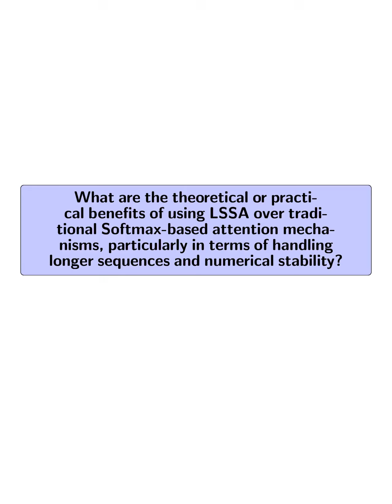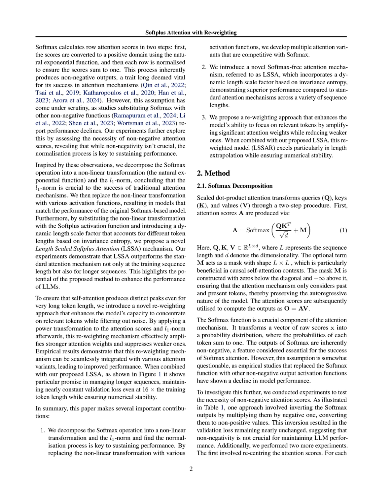What are the theoretical or practical benefits of using LSSA over traditional Softmax-based attention mechanisms, particularly in terms of handling longer sequences and numerical stability? The length-scaled Softplus attention (LSSA) mechanism offers significant theoretical and practical advantages over traditional Softmax-based attention mechanisms, particularly in managing longer sequences and ensuring numerical stability.